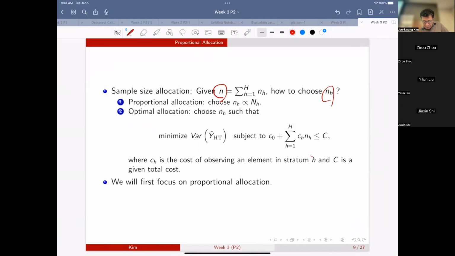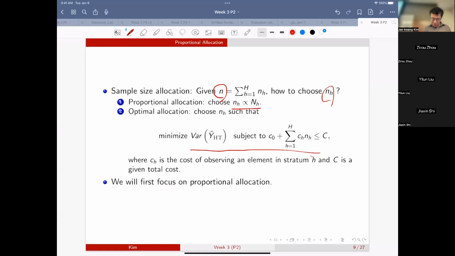One is proportional allocation, which allocates more to the bigger populations, proportionally. The other is optimal allocation, where we use some statistical optimization. We have a constraint that a sample cost function is given, and then we want to use some criteria to find nh.